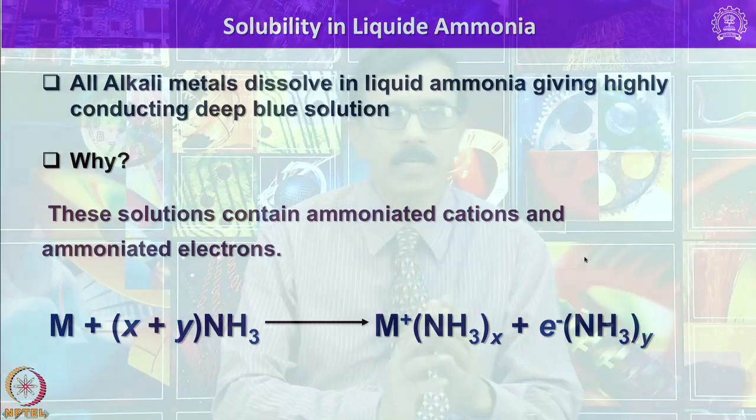In the solution, you know that I showed you the reaction in which sodium amide is formed, and electrons are leached out. These electrons are surrounded by ammonia, and these cations are also surrounded by ammonia. They form an ammonia complex, whereas the electron also forms a complex. Only thing is the direction of the atoms is very different.